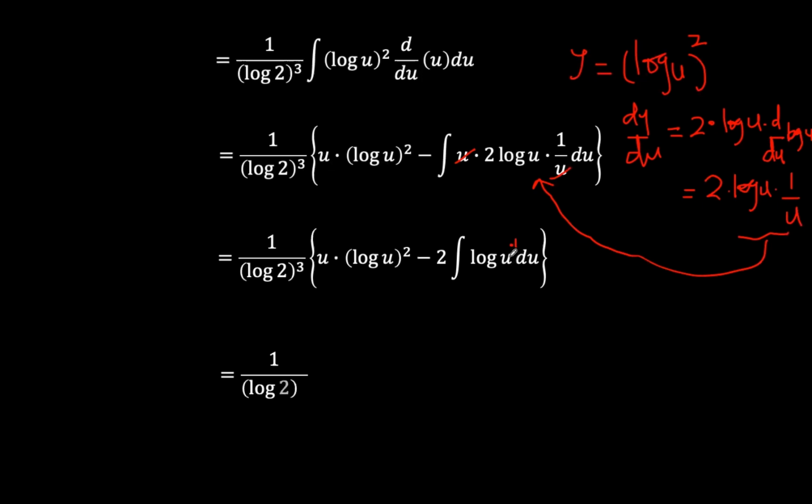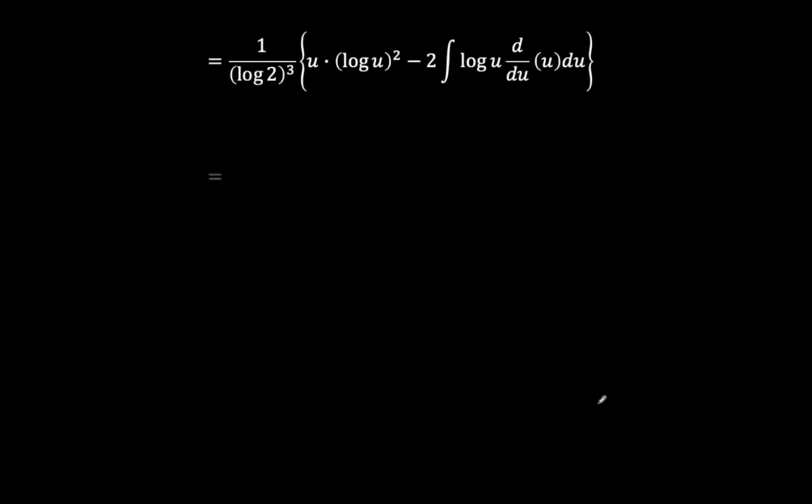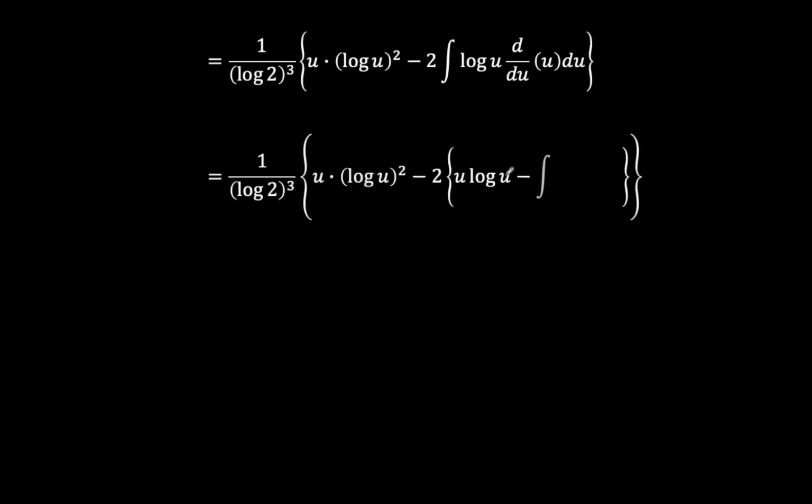We'll repeat the same process where we say, okay, there is a hidden times 1 there. And so we have natural log u times the derivative of u, which is the same as 1. And so using the same process of integration by parts, we have a nested bracket that we're going to develop. So we have minus 2 here in brackets u log u minus, in brackets, v, which is u times the derivative of log u, which is 1 over u.